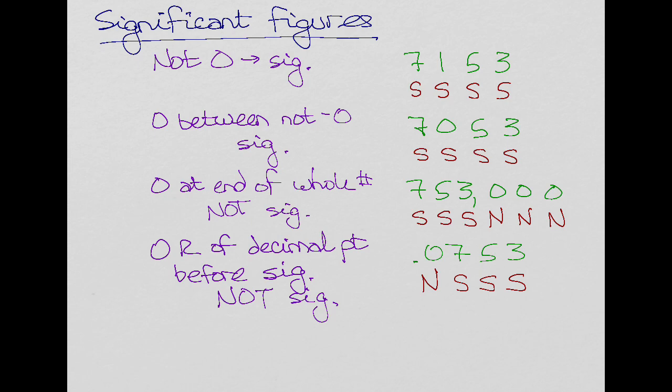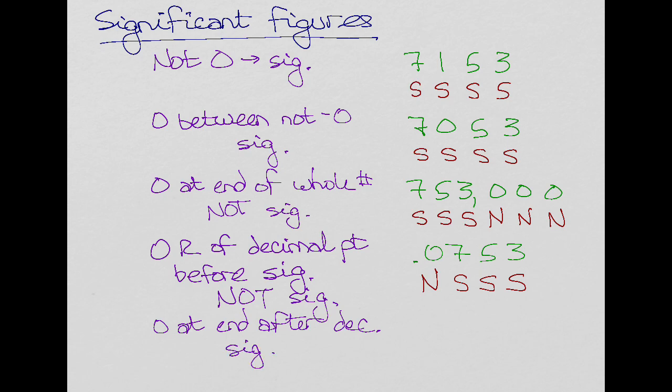And then zeros that are at the end of a number to the right of a decimal point. So they're after significant figures at the end. Are significant.